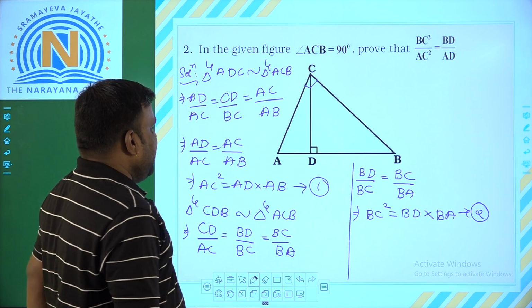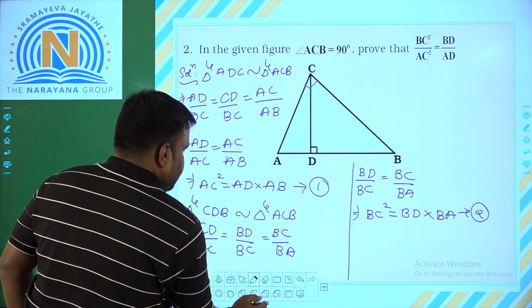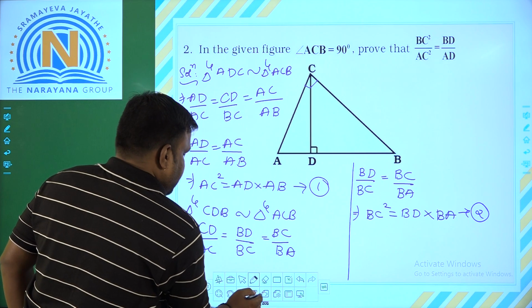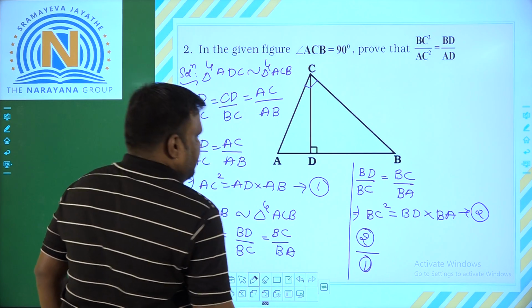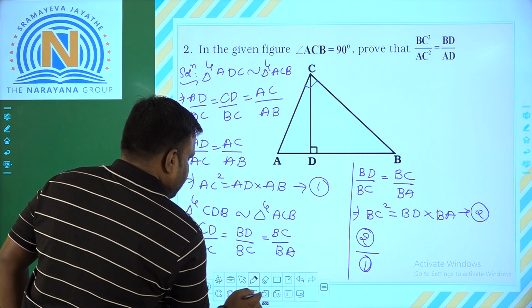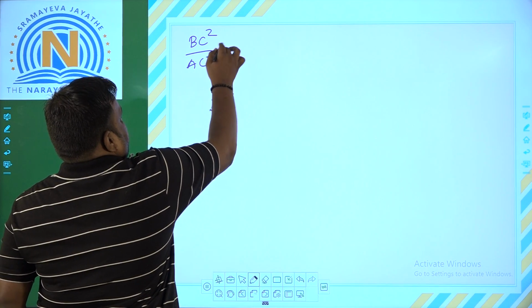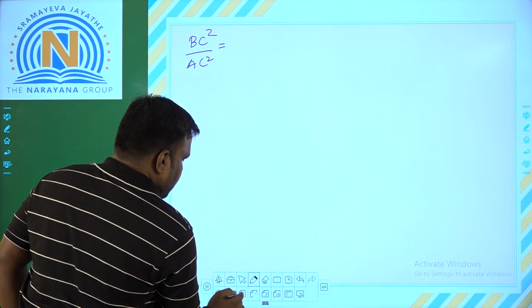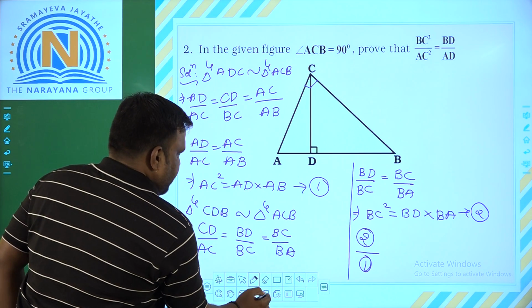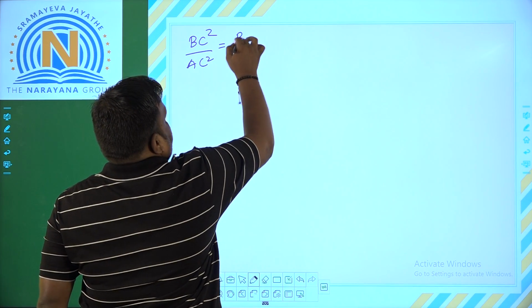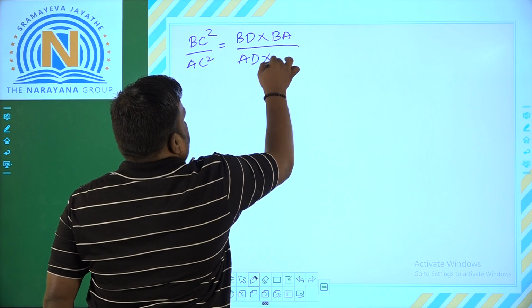Now second by first. So when you take it second by first, that is BC square by AC square on the LHS is equal to BD into BA by AD into AB.